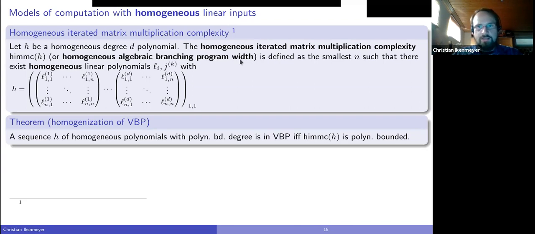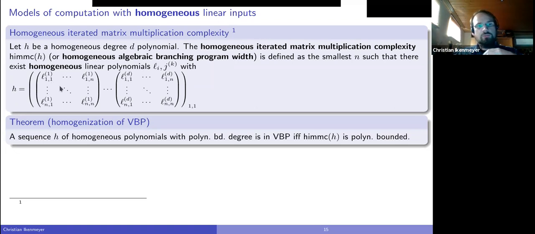That is just defined as the smallest n such that there exist homogeneous linear polynomials Lijk that have the property that if you take the product of these matrices and the 1, 1 entry, you get your polynomial. But the important thing here is that this is very different from the other models of computation that we had before.